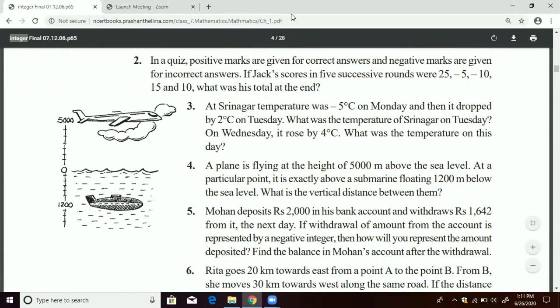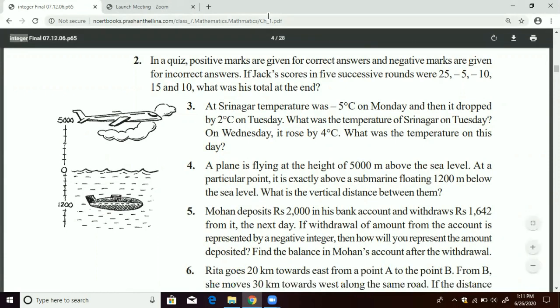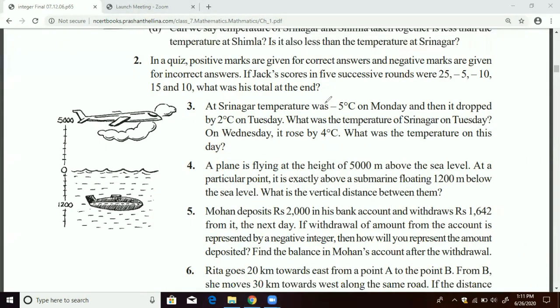What was the temperature of Srinagar on Tuesday? Monday's temperature is -5 degrees Celsius. So we can write it as Monday: -5.